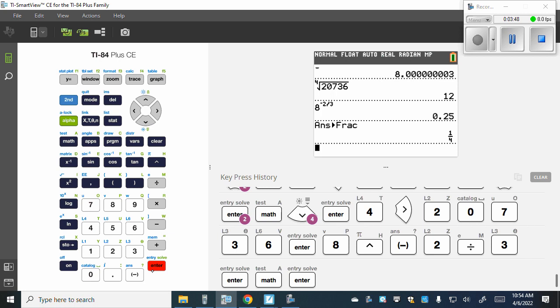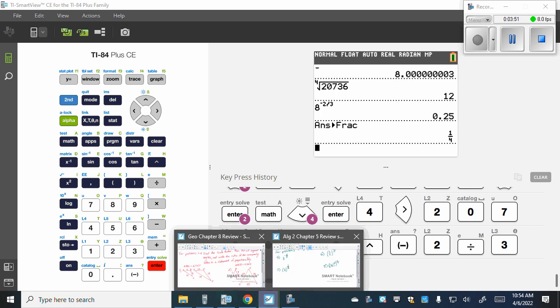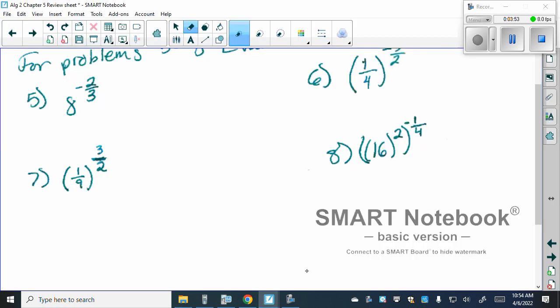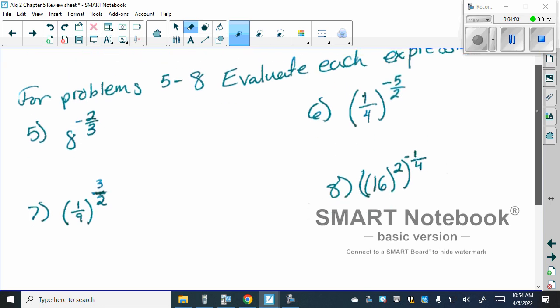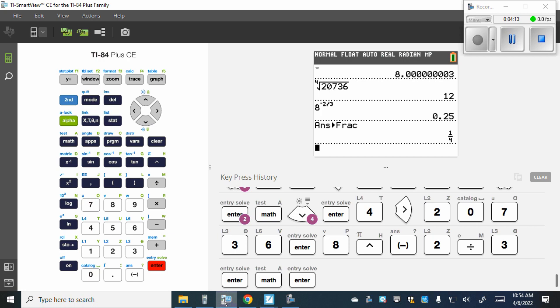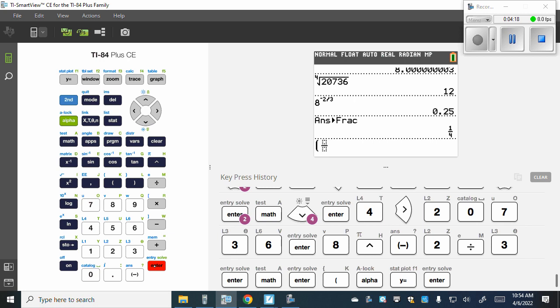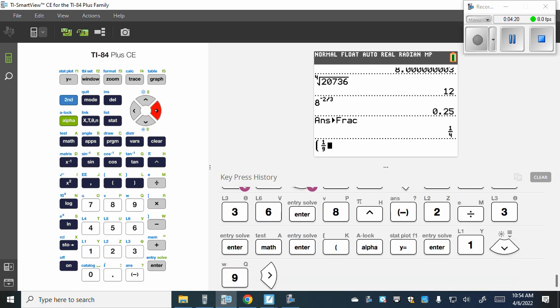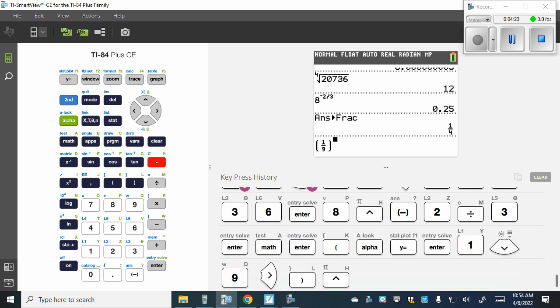Any other questions on 5 through 8? Or do we like 5 through 8? For the most part, we like 5 through 8. Okay, which other one? Number 7, 1/9 to the 3/2. So here we can say parentheses, alpha y equals enter, 1/9 to the 3/2.